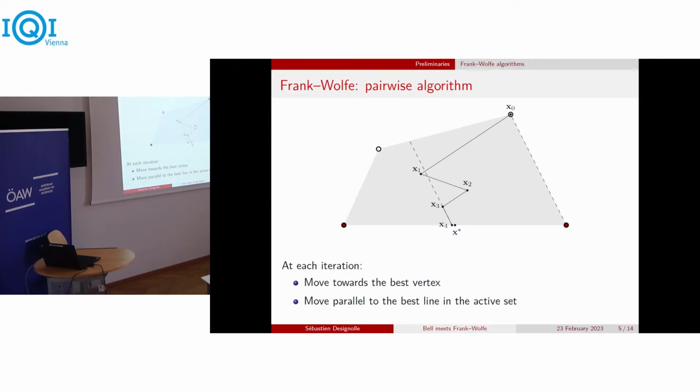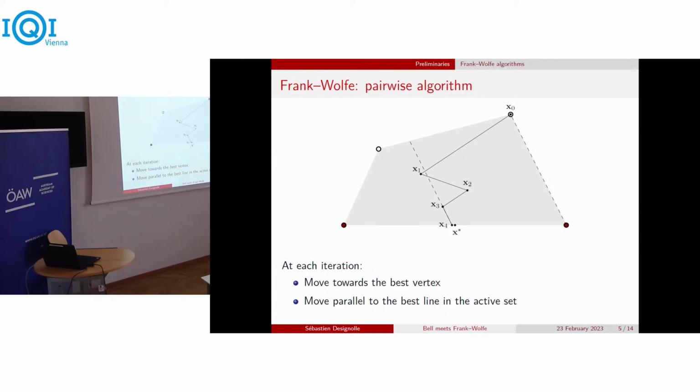Those steps are always done, and you have a way to decide which step is more favorable. At the beginning of the algorithm, especially in high dimensions, the best you can do is always to find a new vertex and add it to your active set. Progressively, the balance shifts toward doing those pairwise steps, and then you do them most of the time. The way you choose between those two steps is by estimating the local gradient at your current iterate.